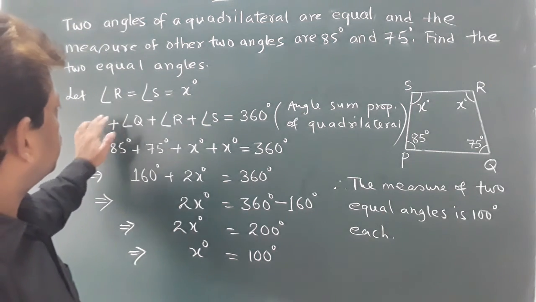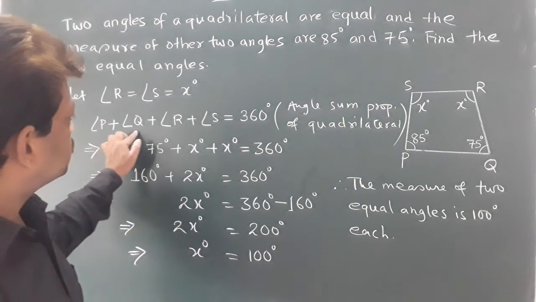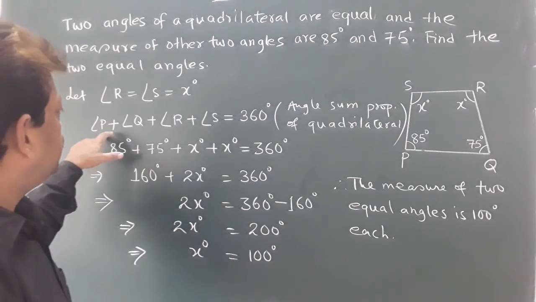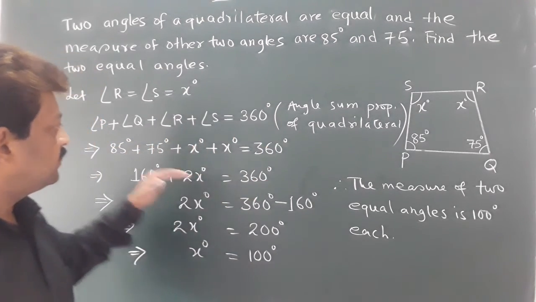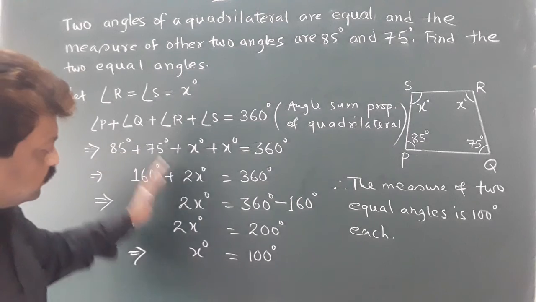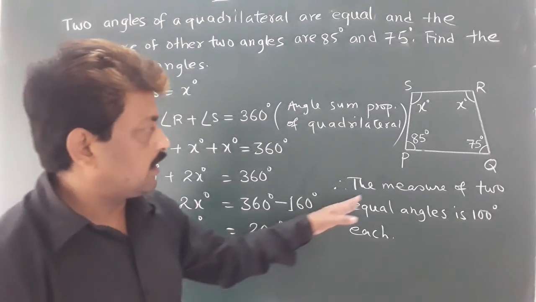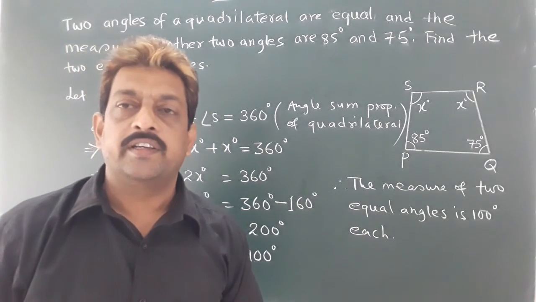So I have taken the equal angles as X degrees and then applied the angle sum property, where the sum of all four angles, that is angle P plus angle Q plus angle R plus angle S, equals 360 degrees. By replacing the values, I have got the value of X as 100, that is, the measure of the equal angles is 100 degrees each.